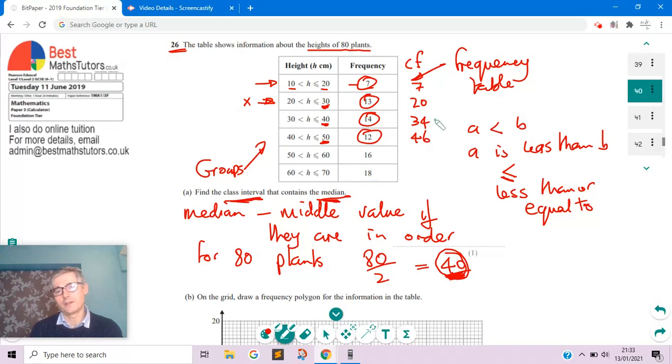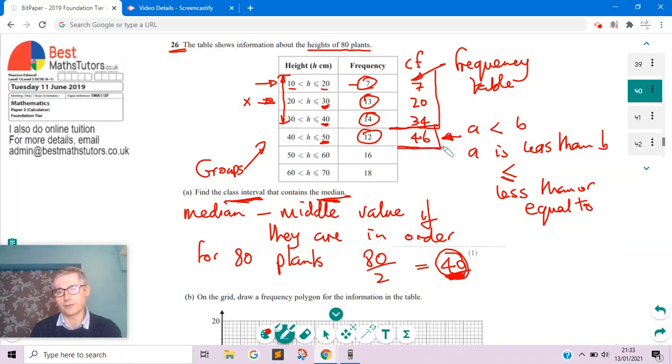So if the first 34 were in those groups, and up to here it was 46, that means the 40th one must be in this group. Before we got into the group, we'd only got 34 plants.